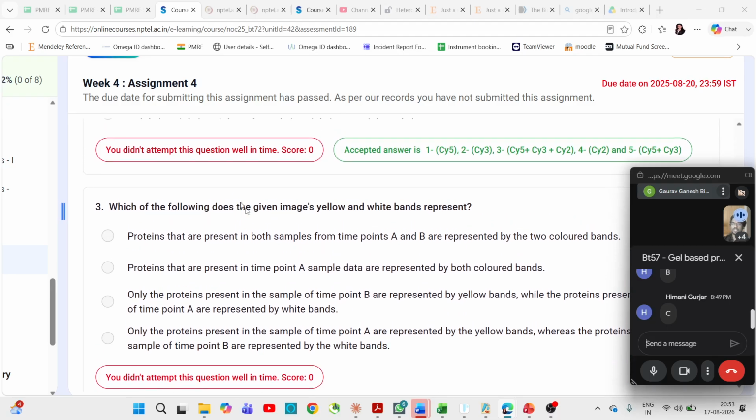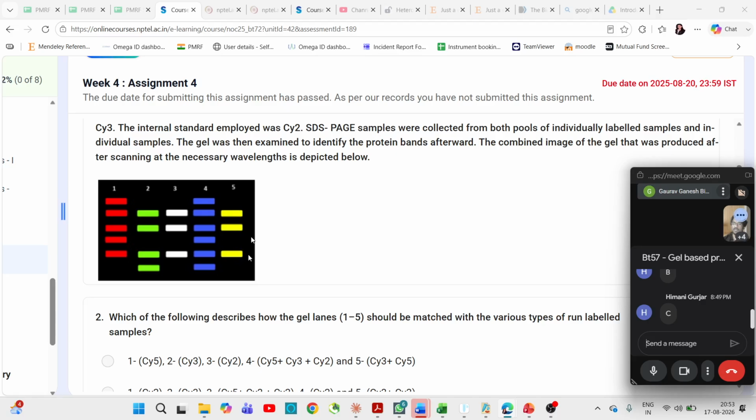Which of the following does this given image's yellow and white band represent? So what do this yellow and white band represent?